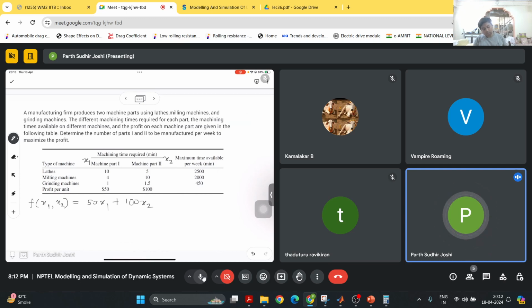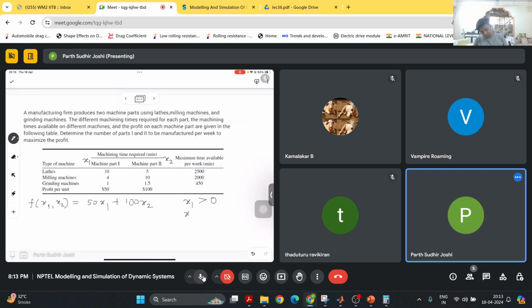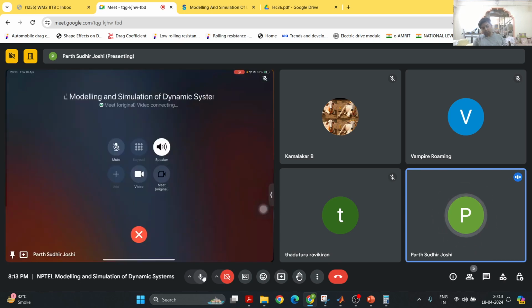So we introduce these constraints. The first constraint would be that x1 and x2 are positive. And then the next constraints would be based on the maximum time available per week for each machine.